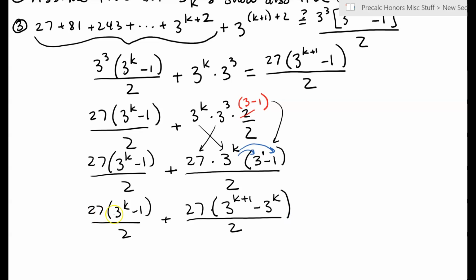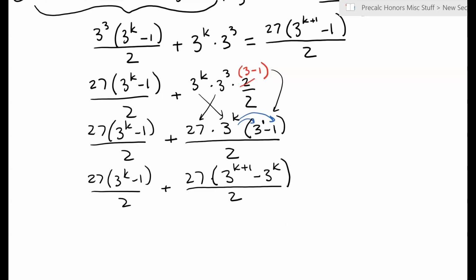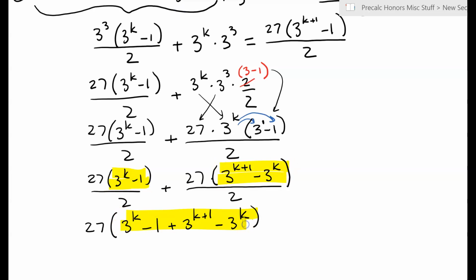Alright, and then each of these terms has a 27, so I'm going to factor that out. So I have 27, and then what I'm left with, since I have a common denominator, I can add the rest of the terms in the numerator. So 3 to the k minus 1 plus 3 to the k plus 1 minus 3 to the k. So I'm just taking all of these terms here and adding them in the parentheses here.